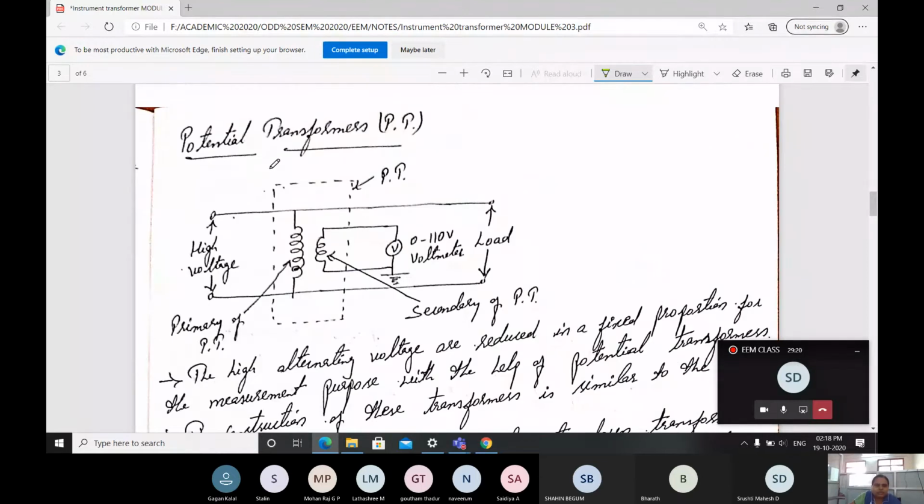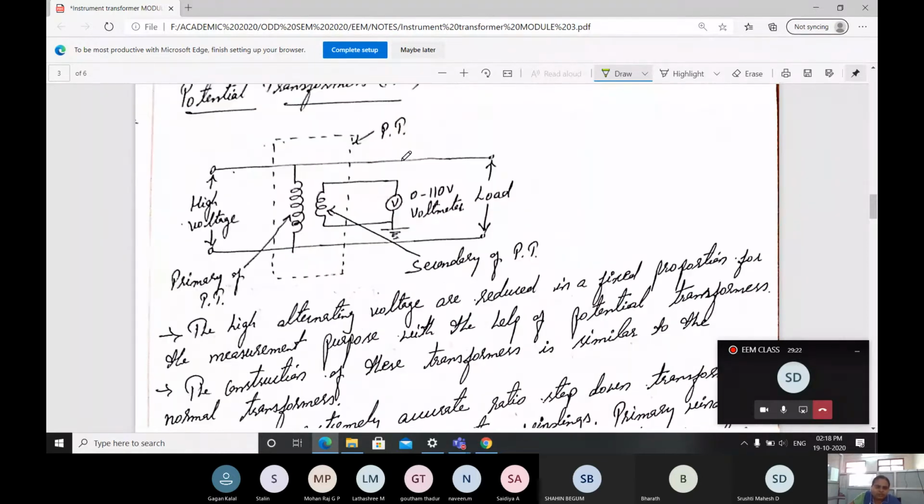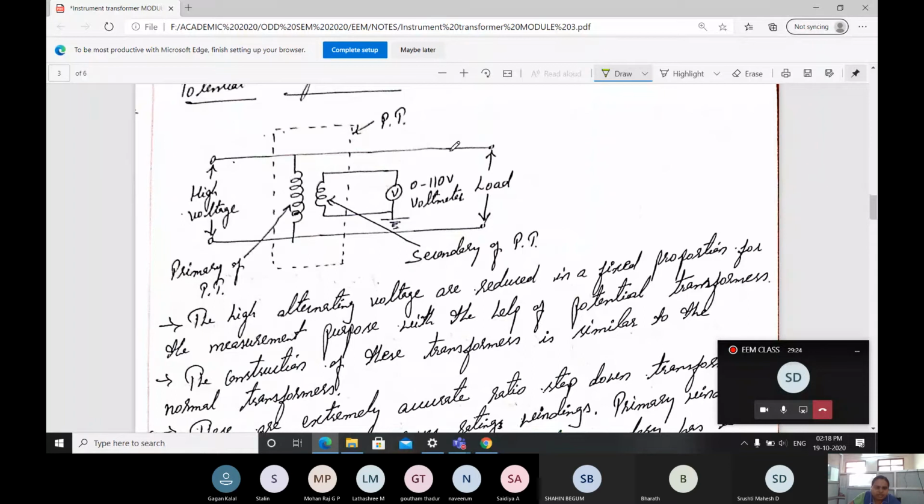Next is the potential transformer. The construction of the potential transformer is almost similar to the CT. Here this is the primary of the PT, connected to the high voltage.